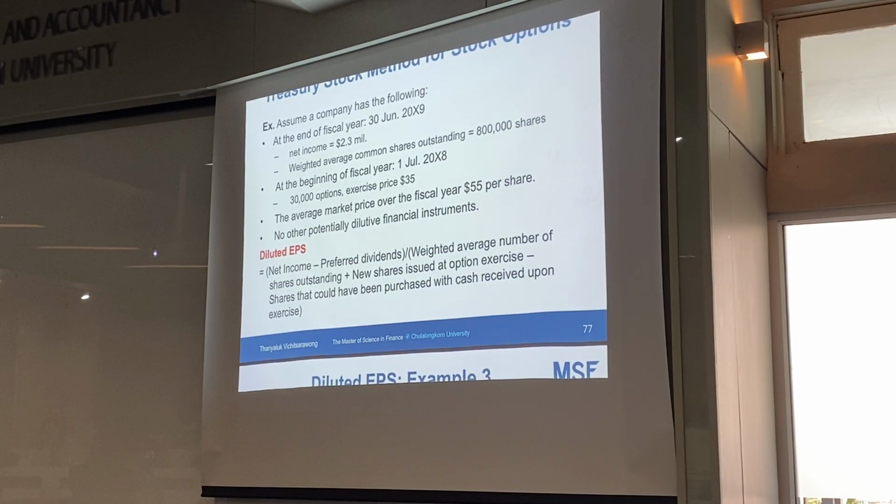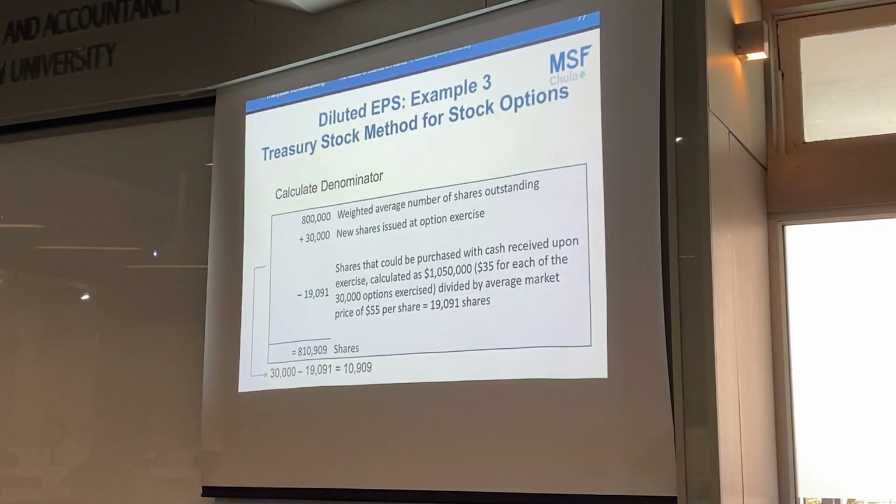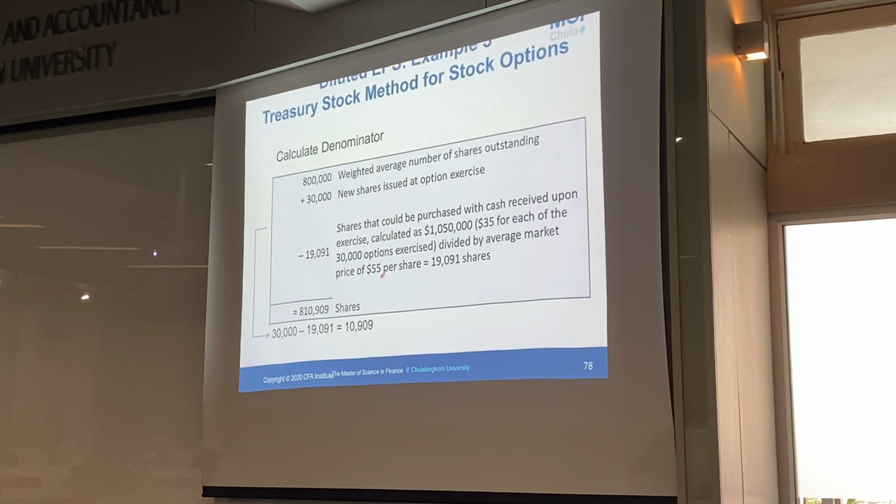So this exercise price 35, and then you have 30,000 options. So you multiply, right? 35 for 30,000 options. This is the amount of cash that you will get if this option has been exercised, right? And then you divide it by the market price of the stock, and this will be the repurchased stock, the treasury stock.